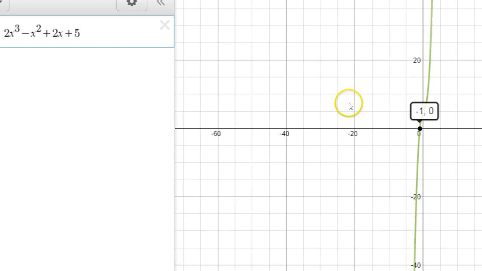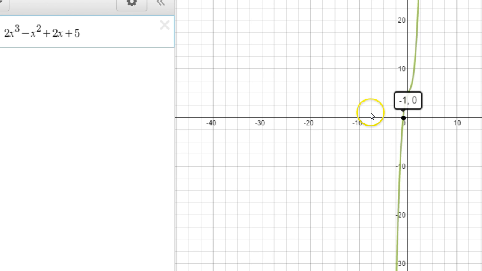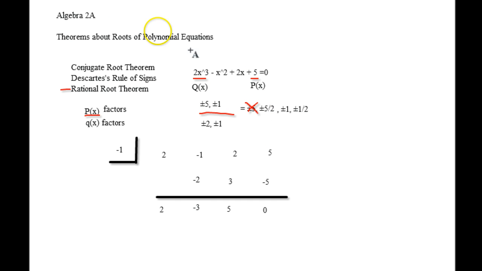Okay. If we zoom out, we can't see anymore, but as you can see, negative 1 was the right one to pick. Okay. Now if we look back at this one, we will probably have to do the quadratic formula. Since it only crossed once, we're probably going to have to use the quadratic formula and see that we're going to have some imaginary answers in there.